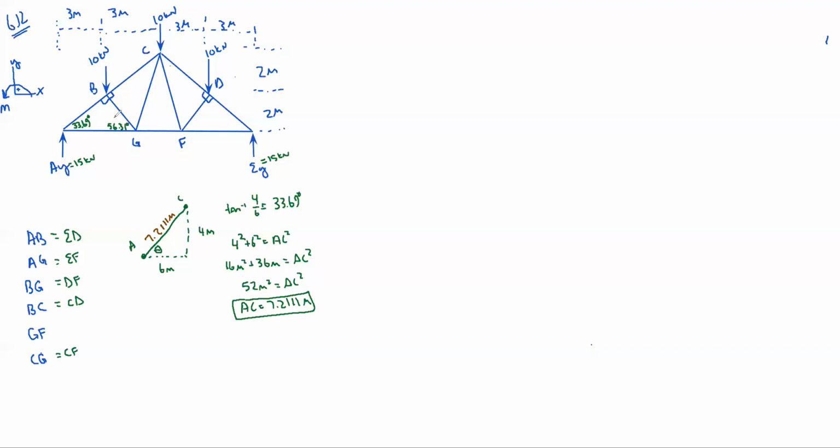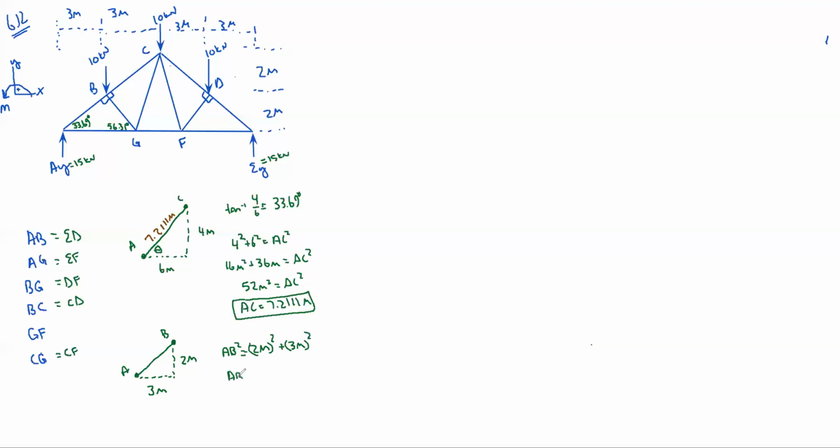At some point when I was working the problem, I discovered I needed to know how long AB was. How long is member AB? I thought that was a fairly easy one to figure out. I know the height is 2 meters. I know this side is 3 meters. I can use the Pythagorean theorem. AB squared is equal to 2 meters squared plus 3 meters squared.